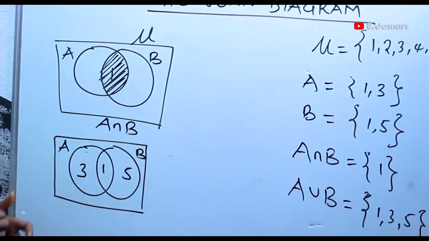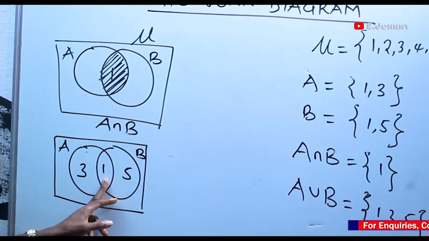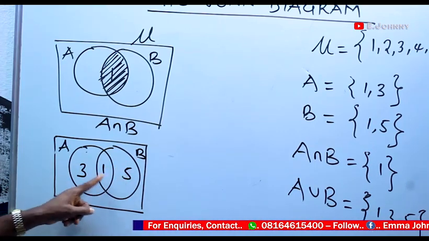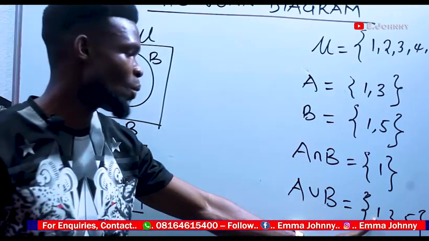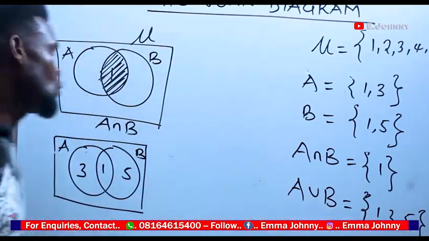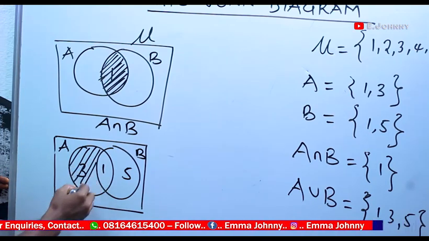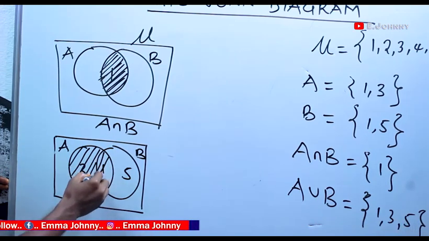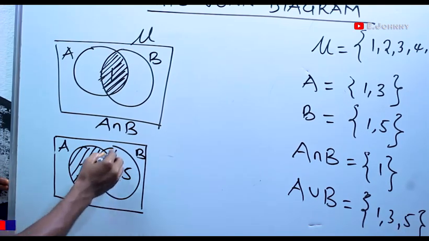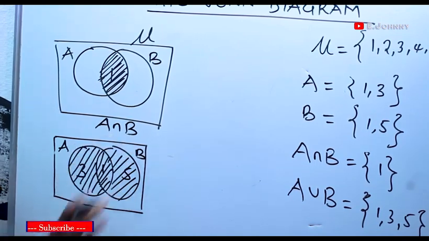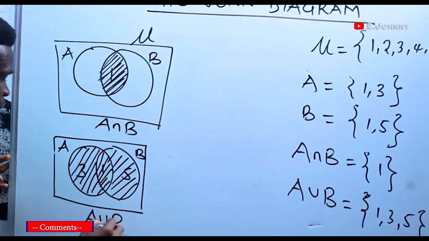So there are elements in the intersection region, there's an element in set A, and there's also an element in set B, which are 1, 3, and 5. So in union, we shade everything, including the intersection region, and then set B only. The shaded portion is what we are interested in, which is A union B.